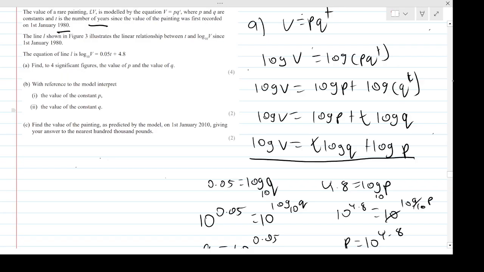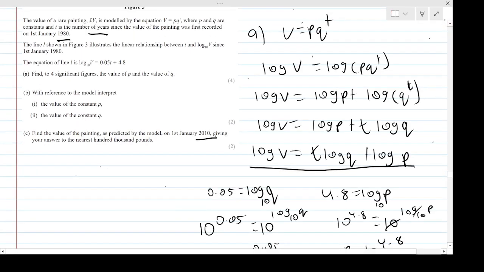Then it says for part C, from the value of the painting predicted by the model on the 1st of January 2010. So it's given me a specific time, a specific year. Now, again, the first year is 1980, right? So how many years have we gone from 1980 to 2010? 30, right? So this is when t is set to 30.